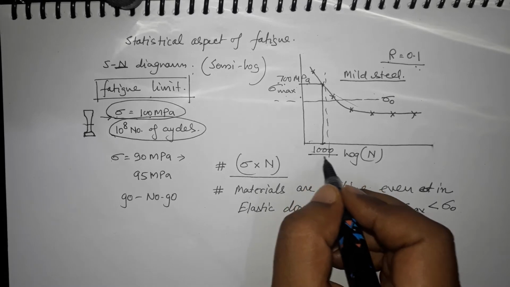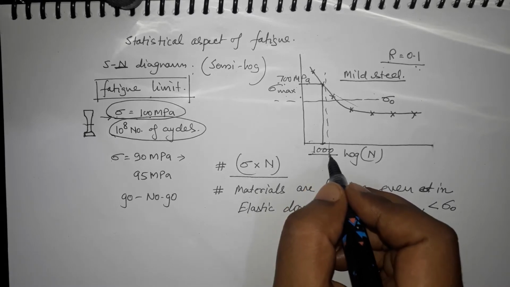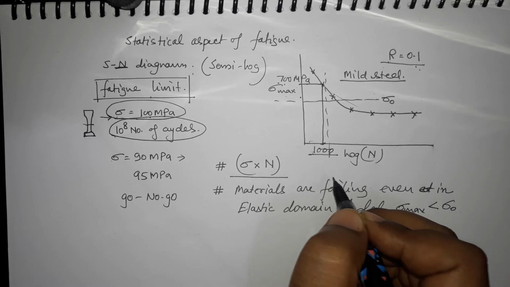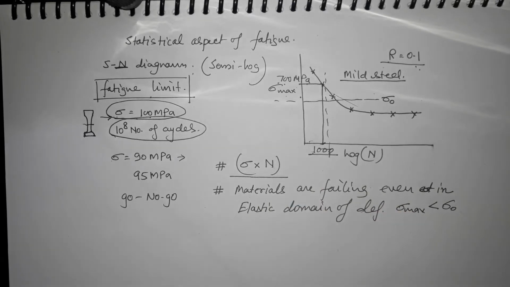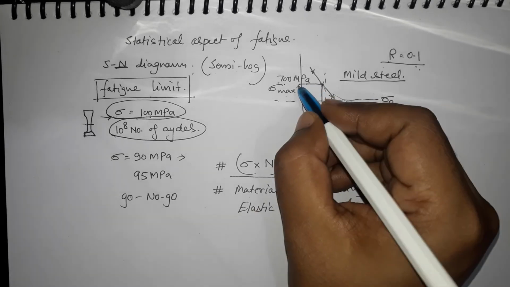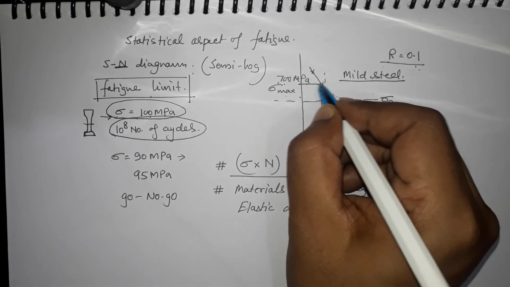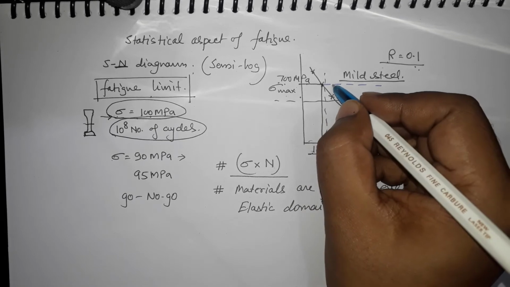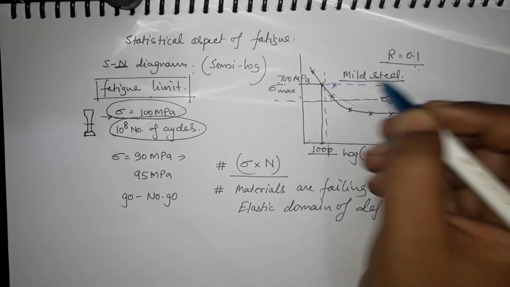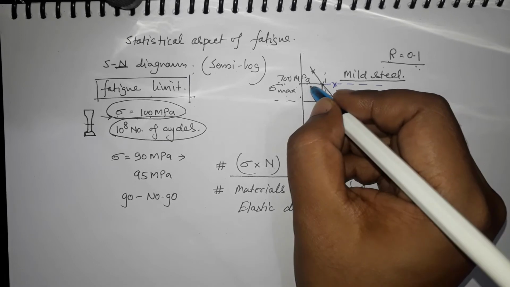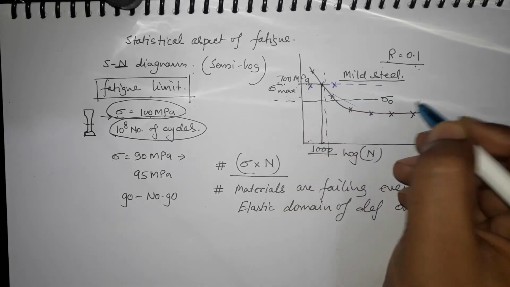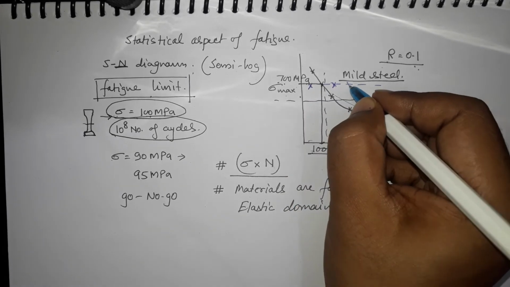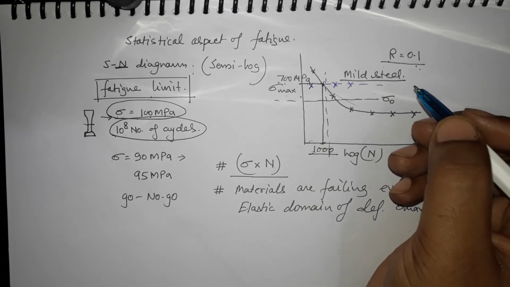It will also not break at 1001 or 1010 or 950 number of cycles. What can happen is that the material might fail at the same amount of stress. So the material may fail at 1200 number of cycles, it may fail at 800 number of cycles, and it may fail at 2000 number of cycles.